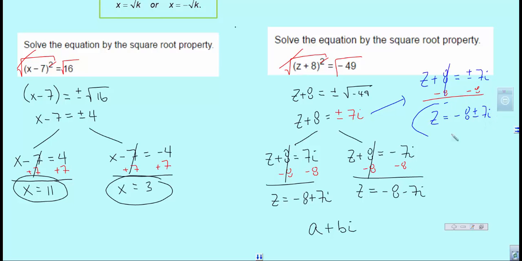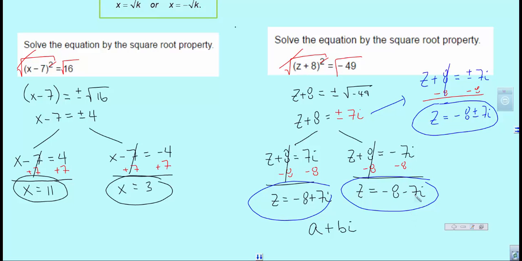MyMathLab would take that answer also, which is just one answer using the plus or minus sign underneath your key, or you could put in two different answers, negative 8 plus 7i and negative 8 minus 7i.